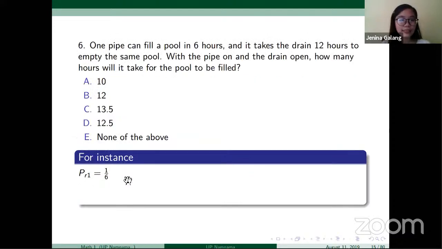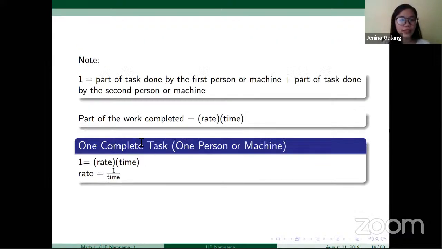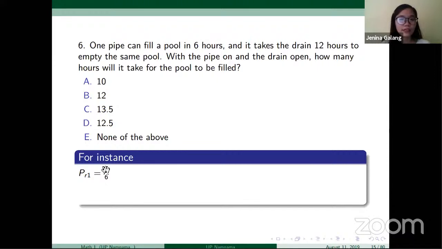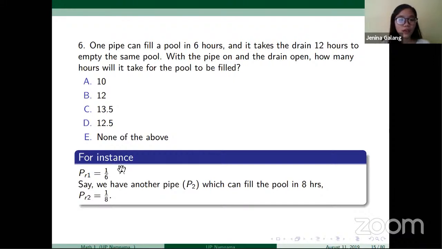So for instance, yung pipe natin dito, denote this pipe as P sub 1. Yung rate niya is 1 over time, which is 1 over 6 hours, 1 over 6. And suppose that we have another pipe denoted by P sub 2, which can fill the pool in 8 hours.